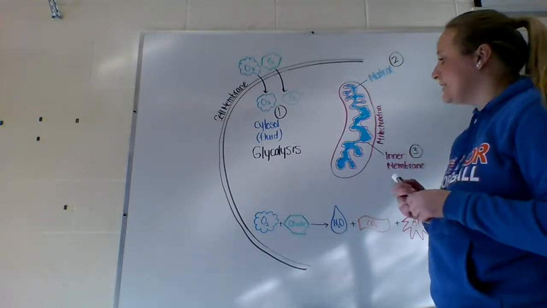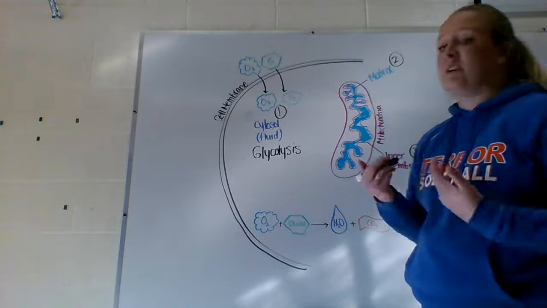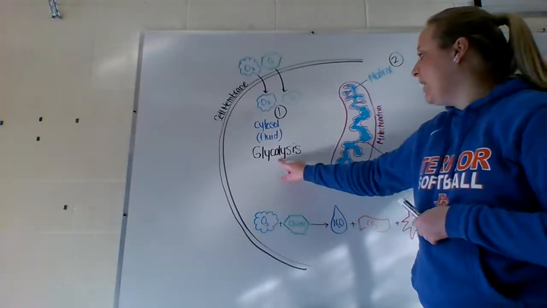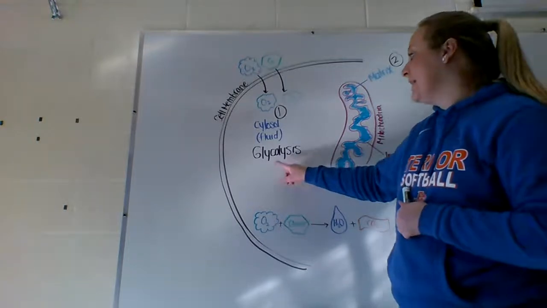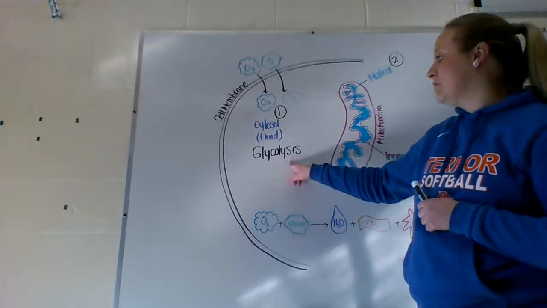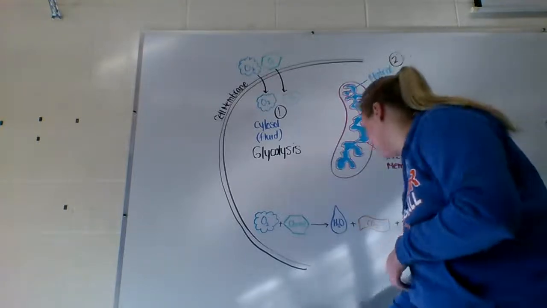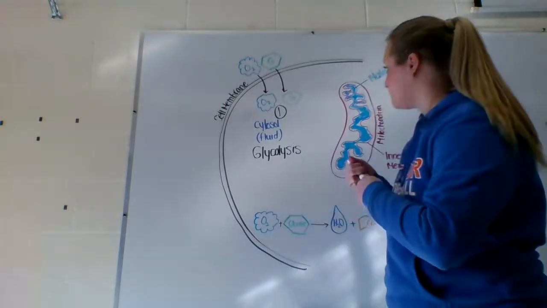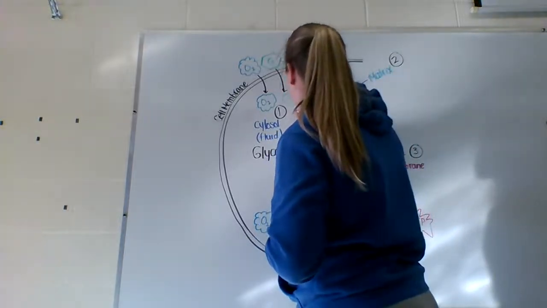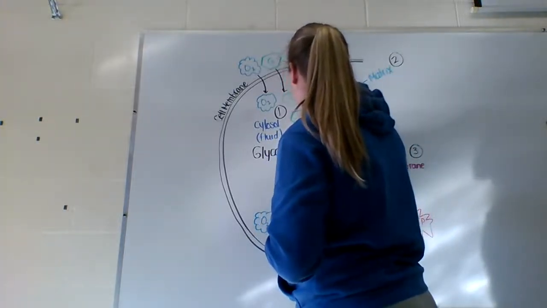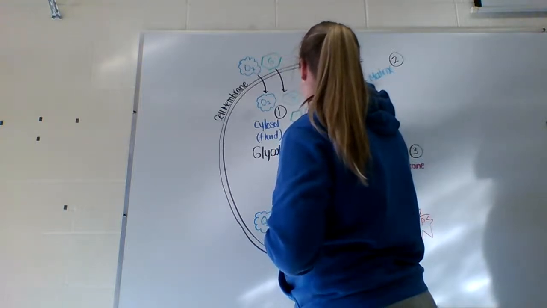But if we break it down, the first part of that word, glyco, sounds like gluco or glucose, and lysis means to burst or to break. So in glycolysis, glucose is going to break down into multiple parts. To represent that on the board here, I'm going to draw a glucose molecule kind of broken up. It kind of looks like a little Pac-Man.